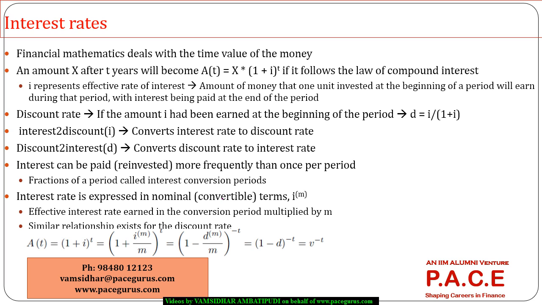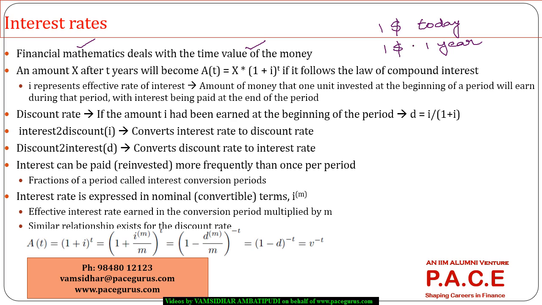Getting started with interest rates. We know financial mathematics per se. When we talk about financial mathematics, we are dealing with the time value of money. A dollar today is worth much more compared to a dollar that I receive in the future, let's say after 1 year.